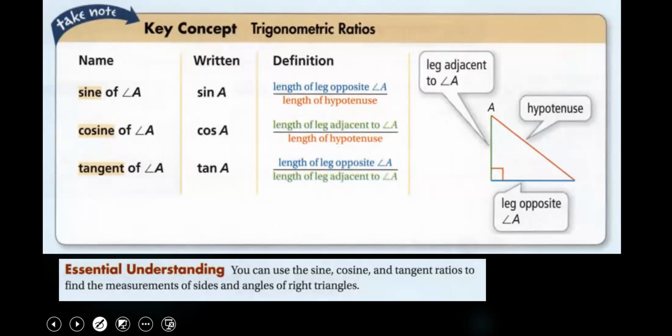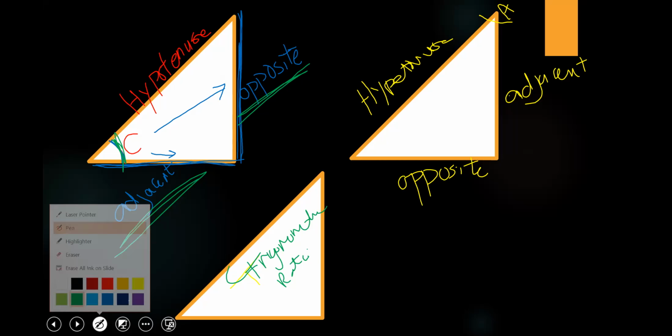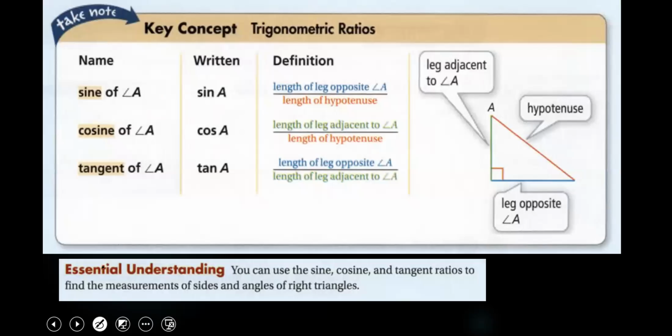Now let's talk about the trigonometric ratios. The ratio of the length of the opposite. I have to write it. Wait a minute, please.